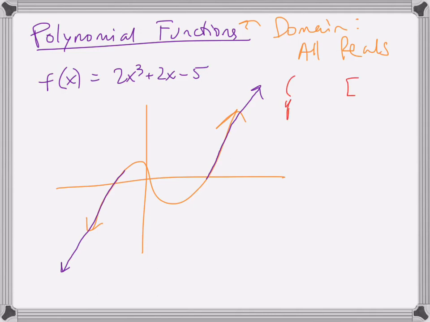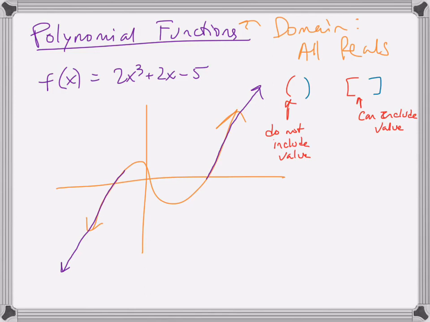Parentheses in this case means we do not include that value, and the bracket means we can include the value. Obviously we can do the other parenthesis too. We can close it and then close it if we want to. So parentheses means I can't include, and the brackets mean I can.